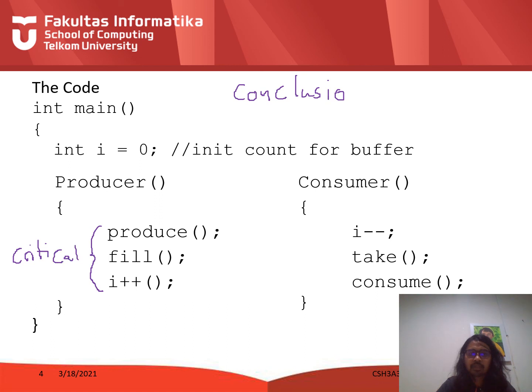And we can imagine that if the consumer runs and it is interrupted by the producer, a similar thing will happen by the interruption. So this is also a critical section, meaning that this part needs to be protected by the semaphore.